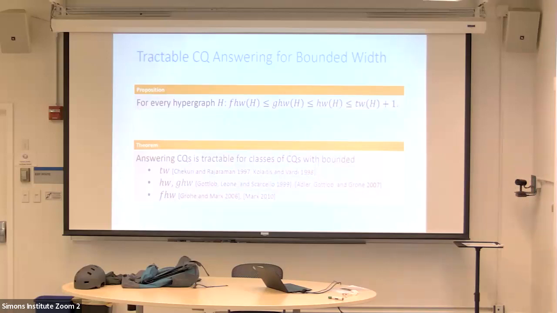And that's why we get these inequalities, because generalized hypertree decompositions are a special case of fractional. If you minimize over something bigger, you have more minimization potential. Again, hypertree decompositions are a special case of generalized. If you minimize over something bigger, you can get something better. And it's trivial that you get this upper bound.